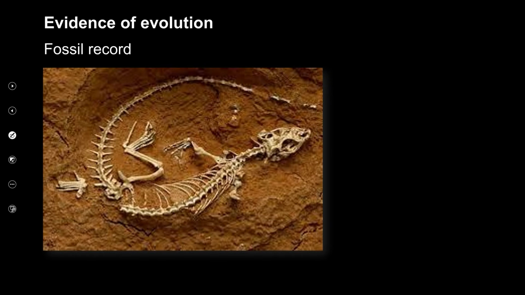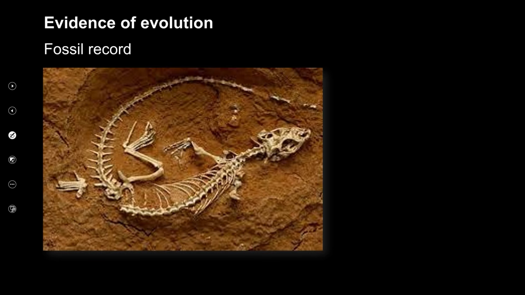Here we see a diagram of an excavation where a fossil is emerging out of the rock layer. It is quite an intense and complicated process to get the fossil out of the rock, because you don't want to damage the bones. Remember, it's usually just the bones that have become fossilized.